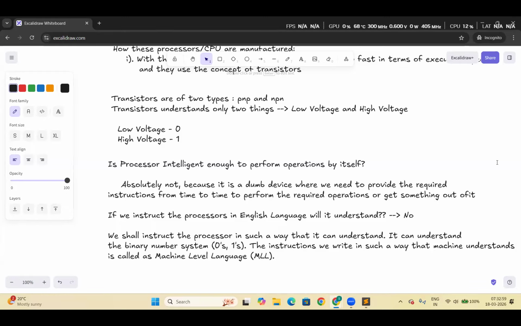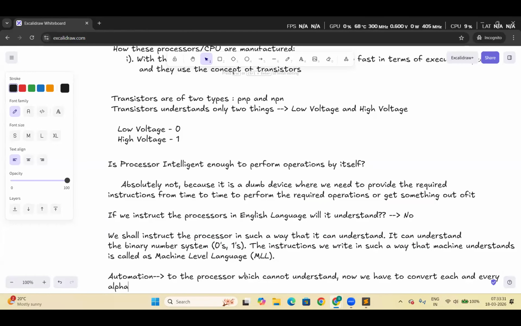Now, if I want to send a word, suppose automation, to the processor, it does not understand the word. Again, we have to convert each and every alphabet to a binary number.